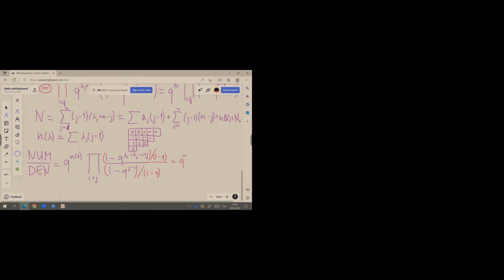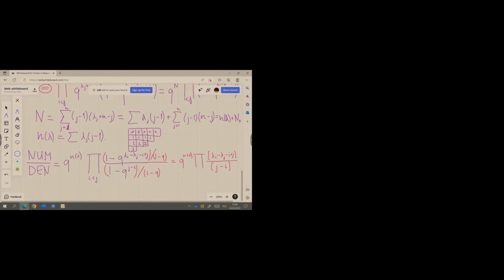q to the power n of lambda, and these guys in the numerator and denominator are the q integers. So these are lambda i minus lambda j minus i plus j, divided by j minus i.